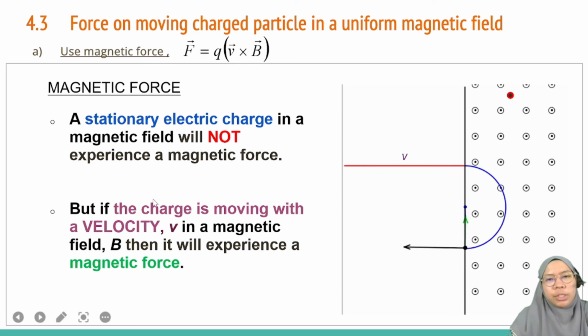But if the charge is moving with a velocity in a magnetic field, then it will experience a magnetic force. Okay, so the condition for the charge to experience magnetic force is that it should have velocity. Okay, so this one is moving with a velocity, so it is experiencing magnetic force. But this one does not experience magnetic force.